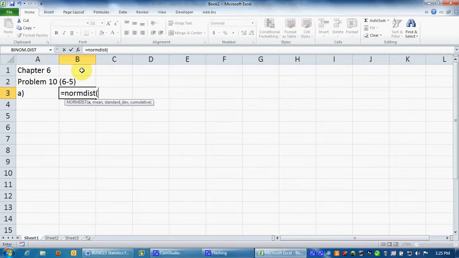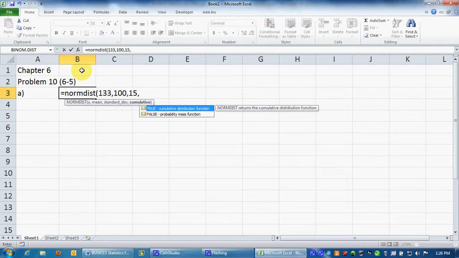The x is the number that they give you, the number about which the problem is asking. They're asking about 133. We know the mean is 100, because it's given to us. The mean score on an IQ test is 100, and the standard deviation is 15.